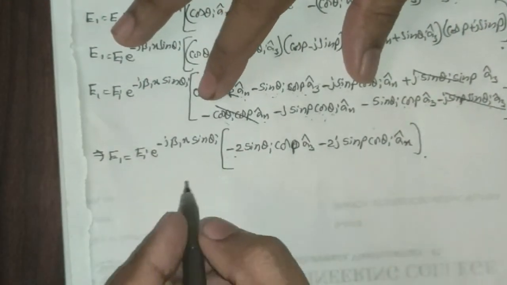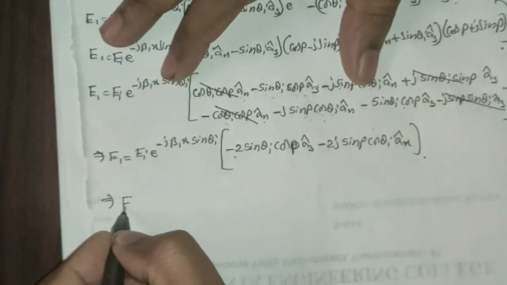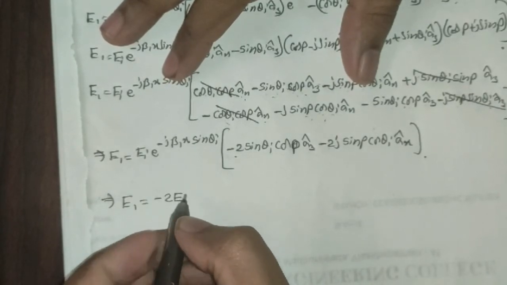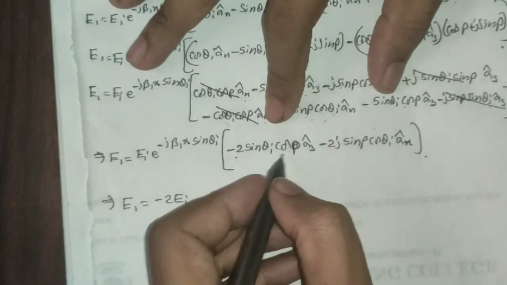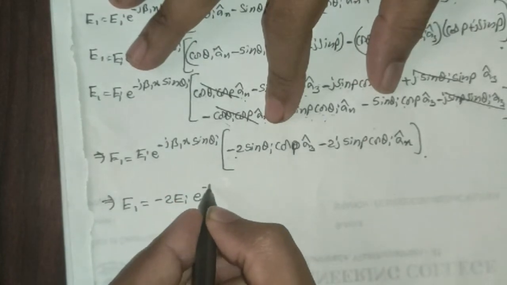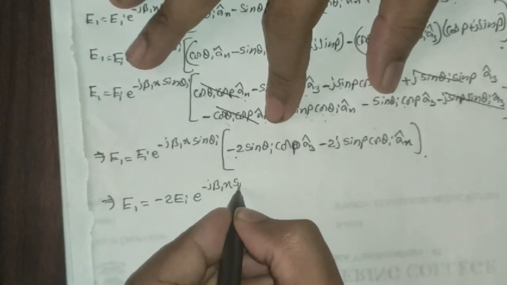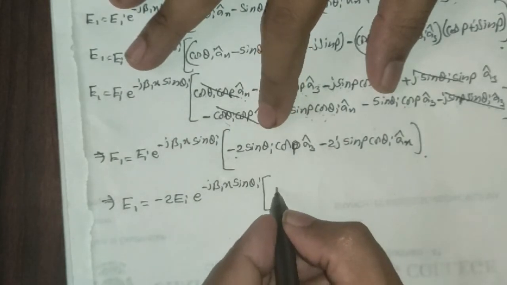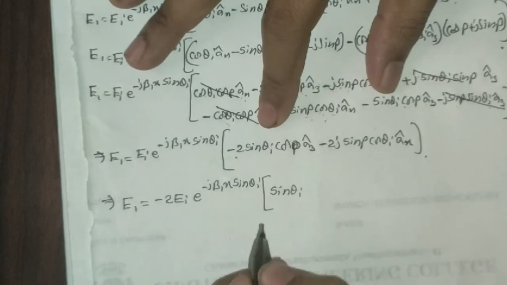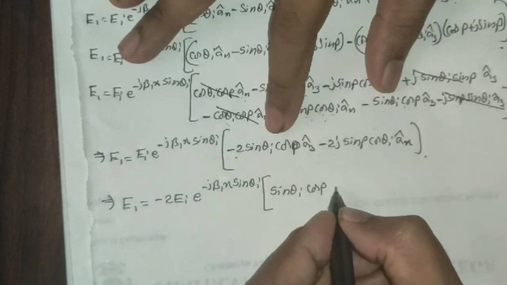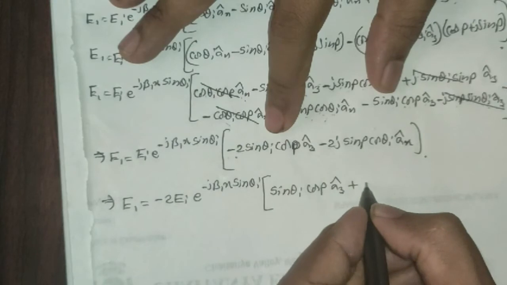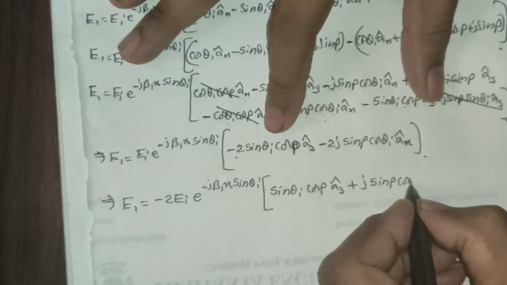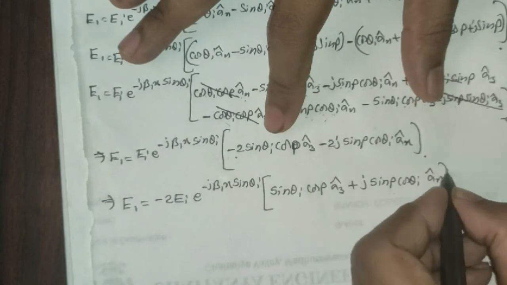Since you have to take the minus common, the total electric field E1 equals minus 2 Ei into e to the power of minus j beta 1x sin theta I into, what is the remaining expression, sin theta I into cos p into az cap plus j times sin p cos theta I into ax cap.